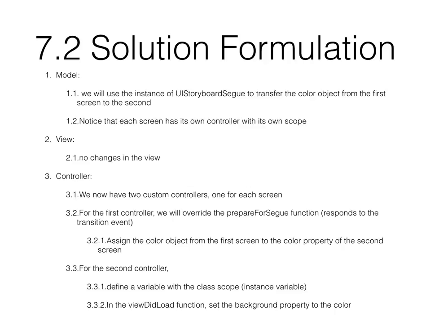So the view, nothing of what we're going to do will affect the view, because all we're doing is behind the scenes. We want to make a memory object, or an object in the memory managed by the second screen, able to access an object that is in memory managed by the first screen.